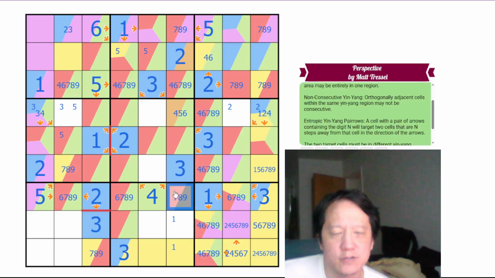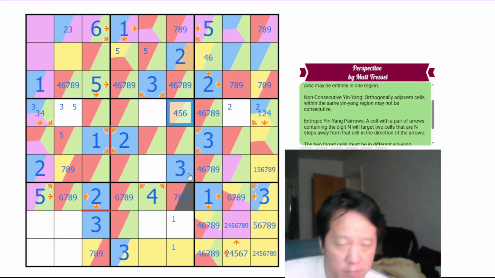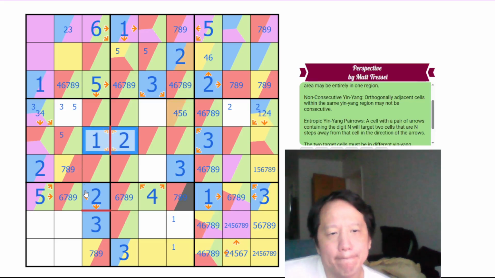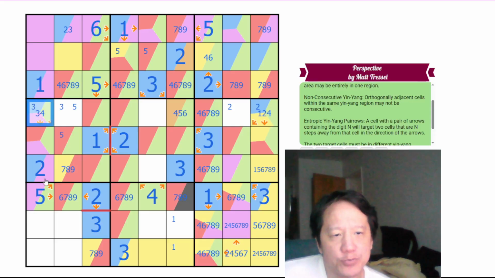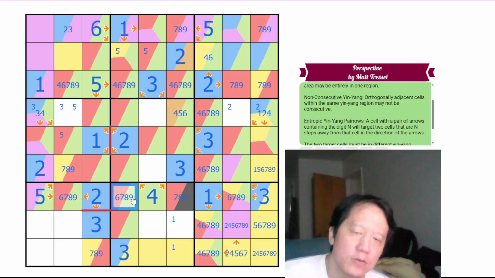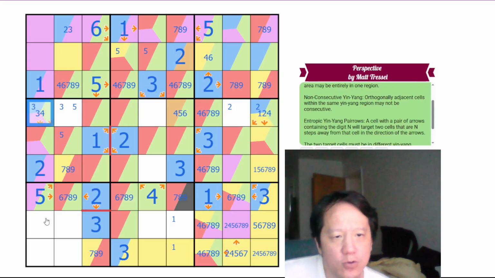I guess we can make it dark or something. I don't know. 3 away could work, as that would be 5 and this would be high. Four away could also work so far.